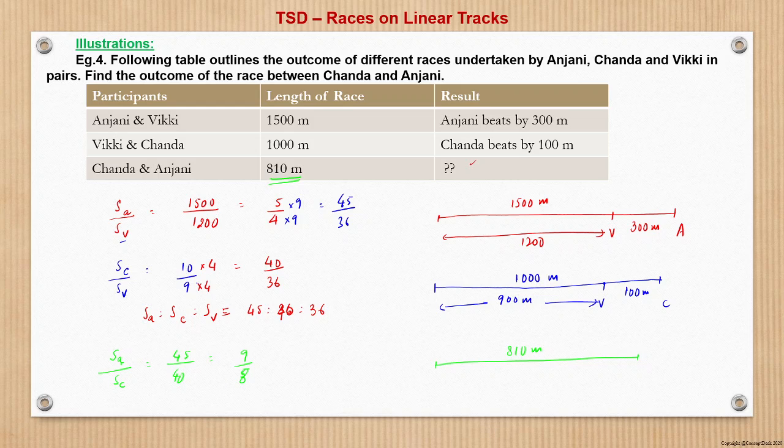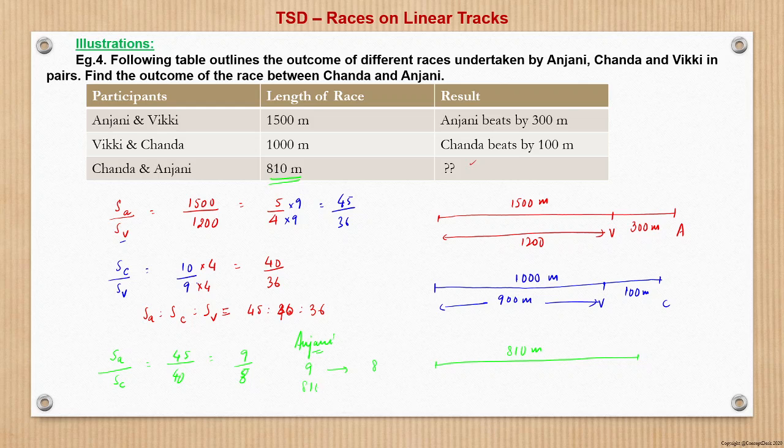So it means that when Anjani covers 9 meters, Chanda covers 8 meters, right? So let us take the case of Anjani. When Anjani covers 9 meters, Chanda covers 8 meters.